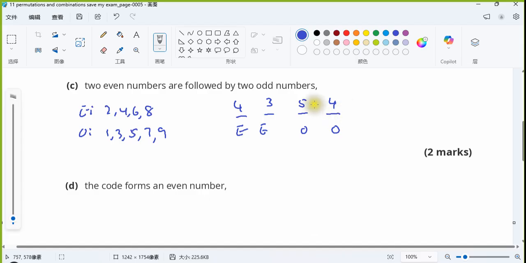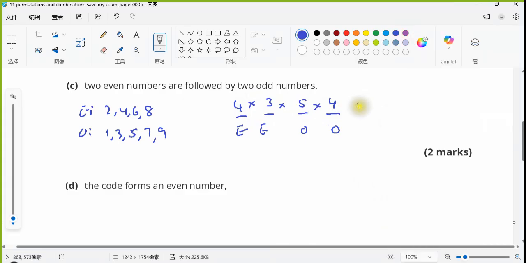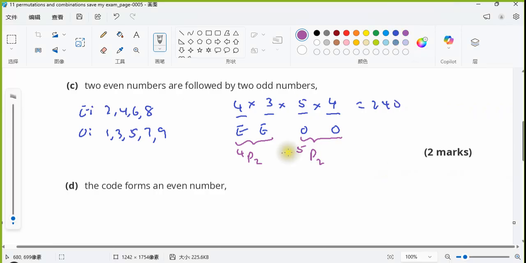So this is 4 times 3 times 5 times 4. So it's 240. Or we can say that this is 4P2 and this is 5P2. So we have 4P2 times 5P2. Then it's 240.